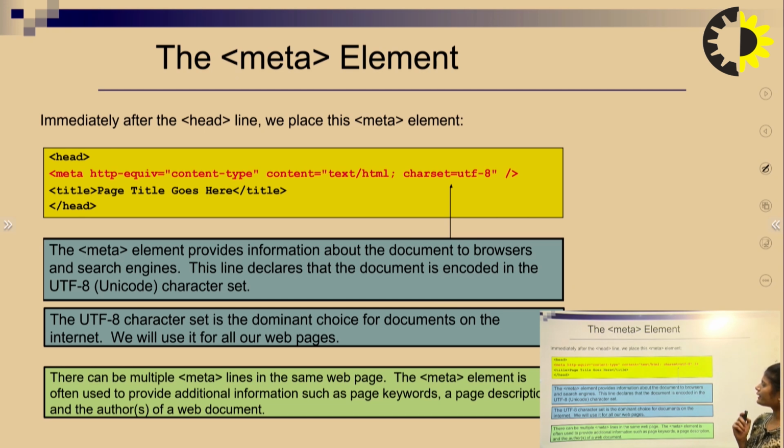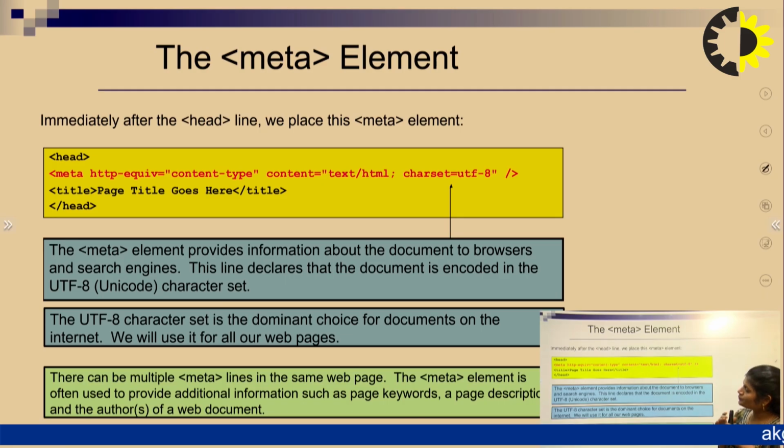This line declares that the document is encoded in the UTF-8 character set. So this is the character coding, like ASCII. Your code is converted. Okay, so this is the UTF Unicode character set, which is recommended by the W3C.